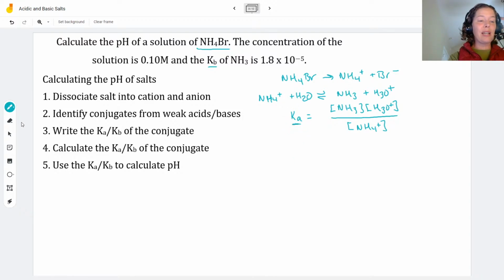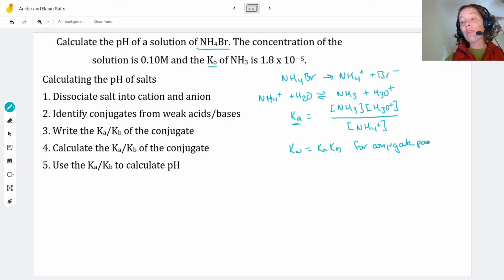These are connected by the equilibrium constant for water, Kw. Remember, Kw is equal to Ka times Kb for conjugate pairs, only for conjugate pairs. So you can't use this to calculate the Ka for, say, nitrous acid in this case.